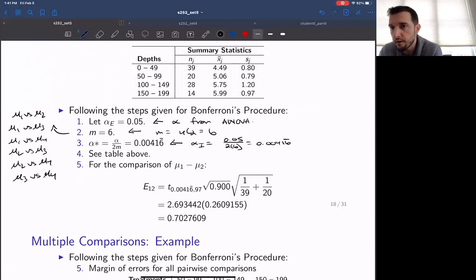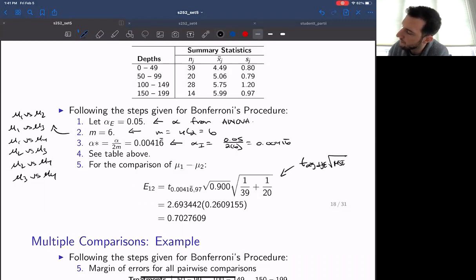So for the first comparison, which would be mu1 versus mu2, we compute the corresponding margin of error. The margin of error is going to be the t-value on alpha star, comma, the DFE, multiplied by the square root of the MSE, multiplied by the square root of 1 over n1 plus 1 over n2.